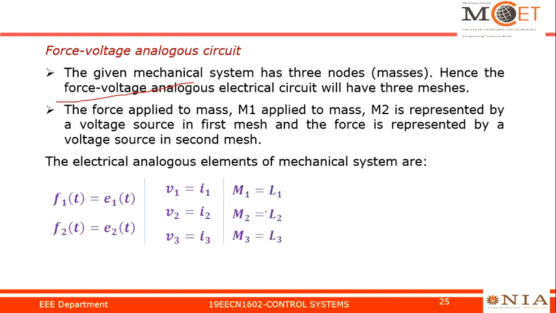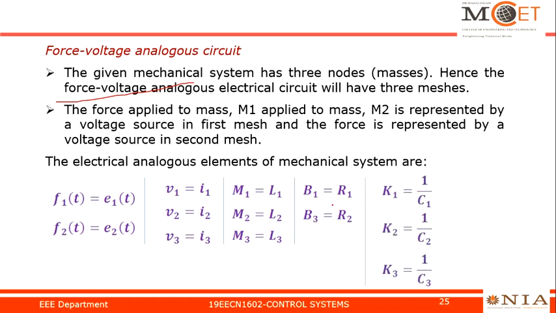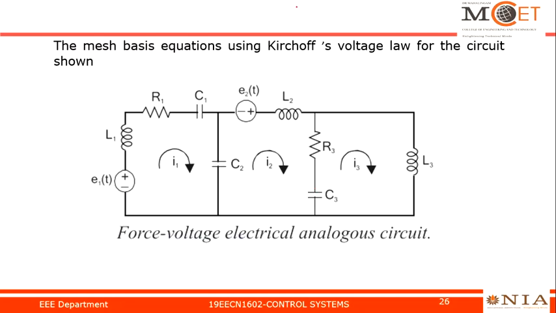And the elements, as you know from the previous video: M becomes L in force voltage, B becomes R, and K becomes 1 by C. So I am going to replace with the electrical analogies in the system. The mesh equation using Kirchhoff's voltage law for the circuit will be like this.